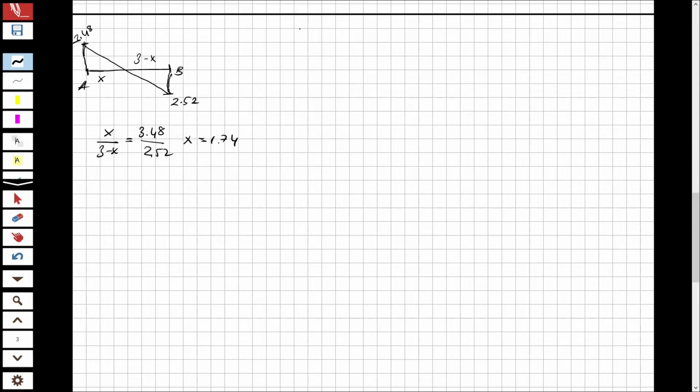Okay, so now let's draw the moment diagram for this member. This is A and this is B. I have a moment minus 1.98, so 1.98.